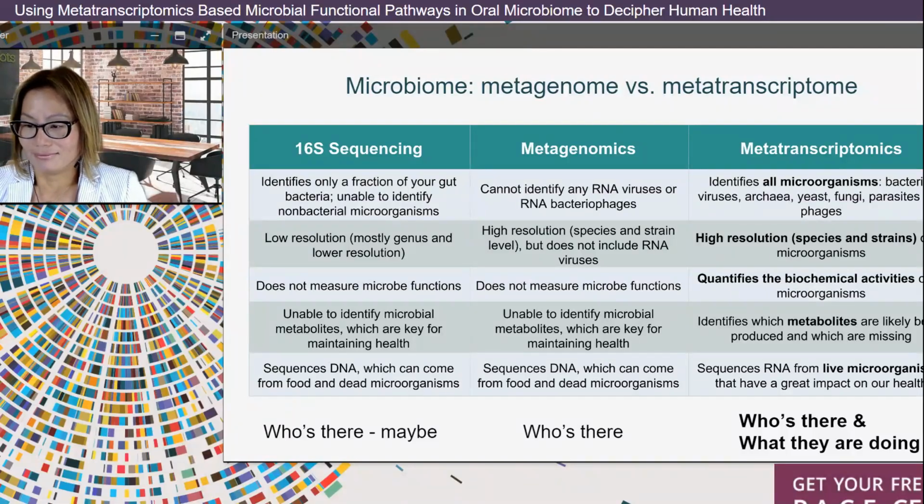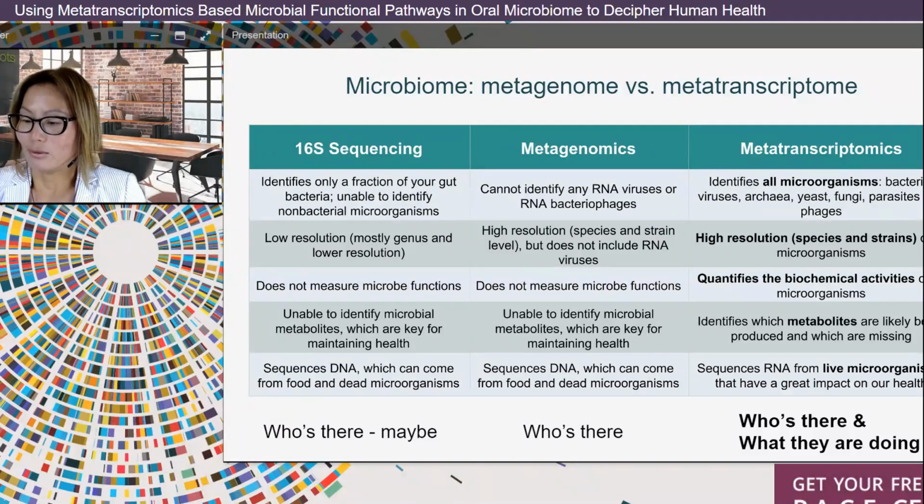Now to the right column, this is the technology I'm going to be focusing on. Metatranscriptomics sequences all the RNA molecules collected from the particular sample, and it's at a higher resolution, just like metagenomics. It could detect the bugs at the species and strain level and from all live organisms because the dead ones don't express.